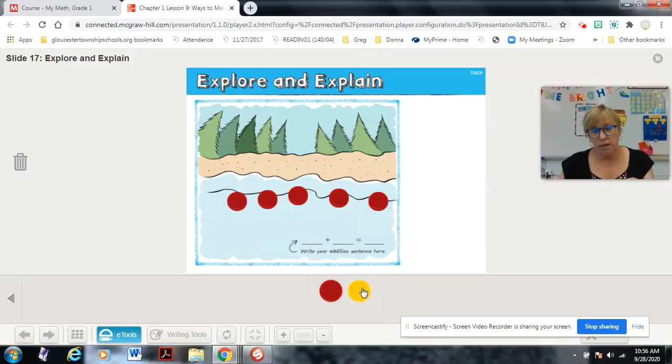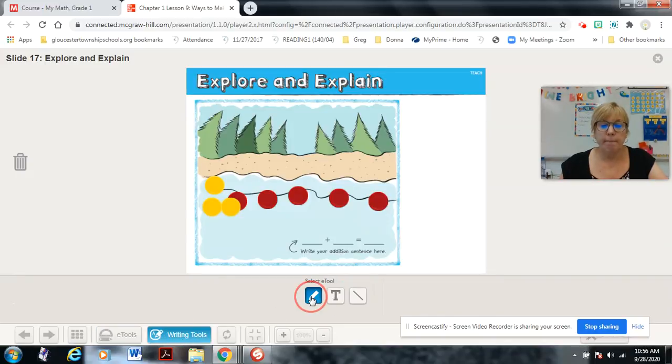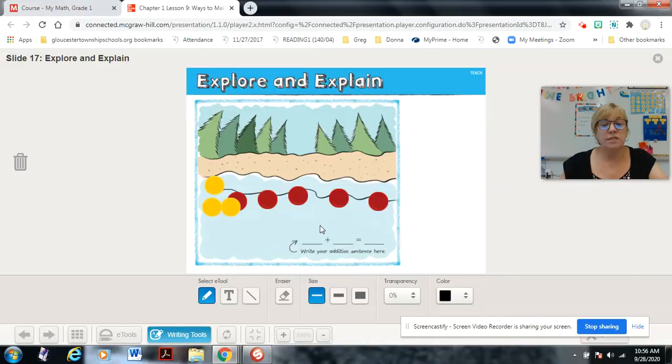So now this is where I use my yellow, because that's going to be my other number. 1, 2, and 3. So 3 more people join them. They want to know how many people are swimming in all, okay, and write the addition number sentence. So here I am. 1, 2, 3, 4, 5, because the 5 people were in the water first, so that's my first number, okay?